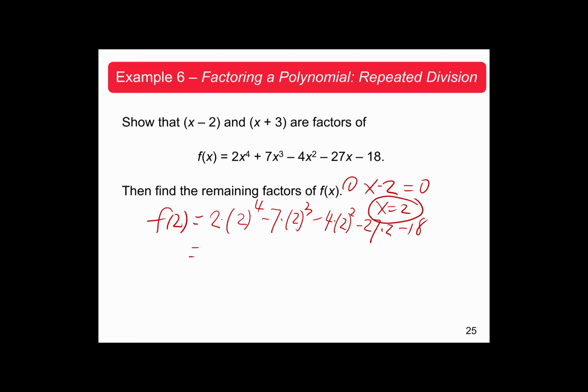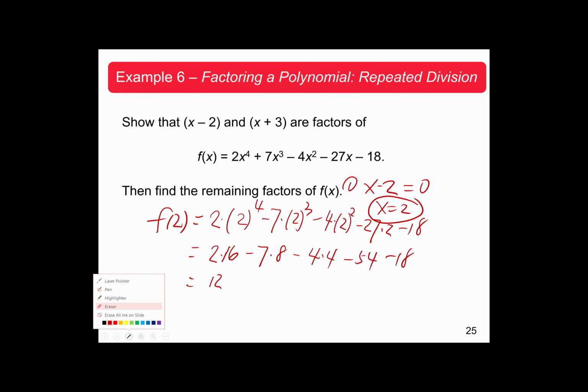So if you expand it, this is 2 times 16 plus 7 times 8 minus 4 times 4 minus 54 minus 18. So this is 32, right? This is 16, so it should be 32. Plus 56, minus 16, minus 54, minus 18.